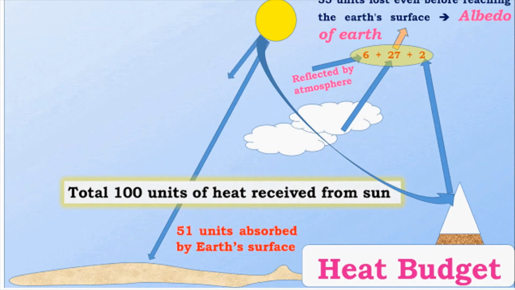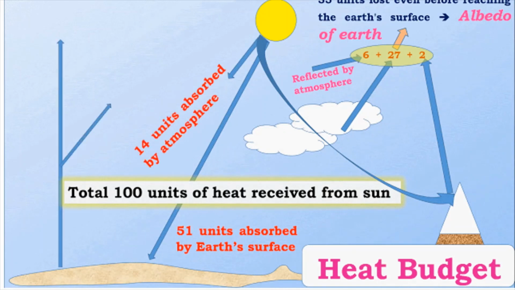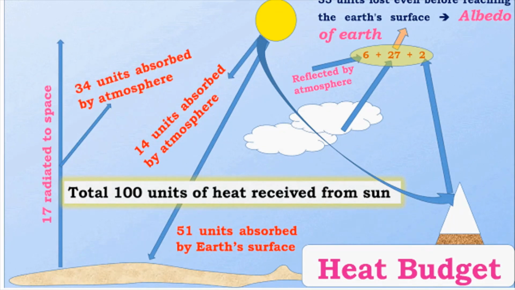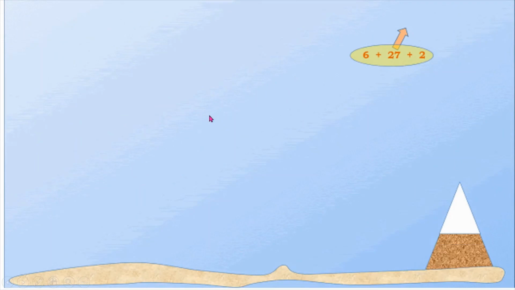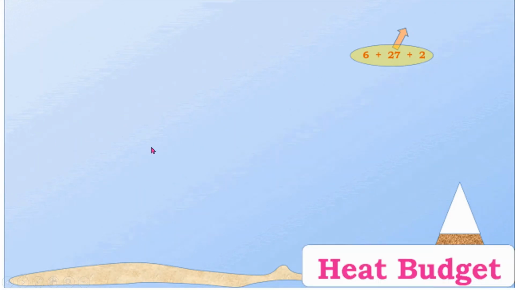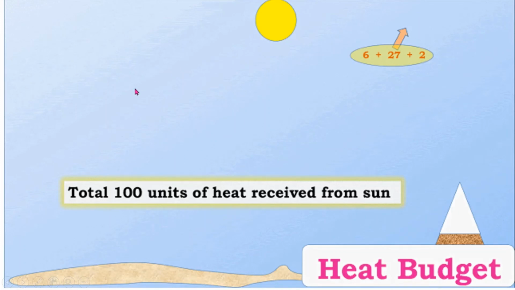It will change into an ice ball. So balance should be maintained so that life is possible on the earth. Reflection and absorption take place by the different layers of the atmosphere, clouds, and the earth surface.